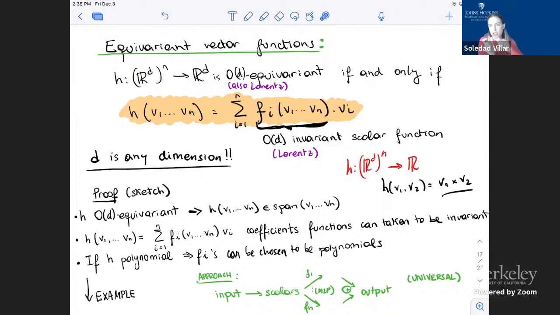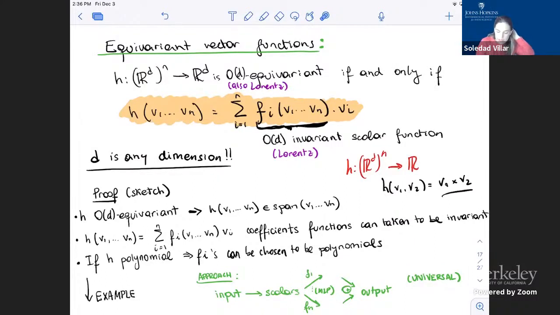So he had a function of the norm of the difference between some vectors. And if you look at it, you can see that it has this form in some way, because you can write the norm of the distance between the two vectors in terms of scalars, and it does have this form. So yeah.